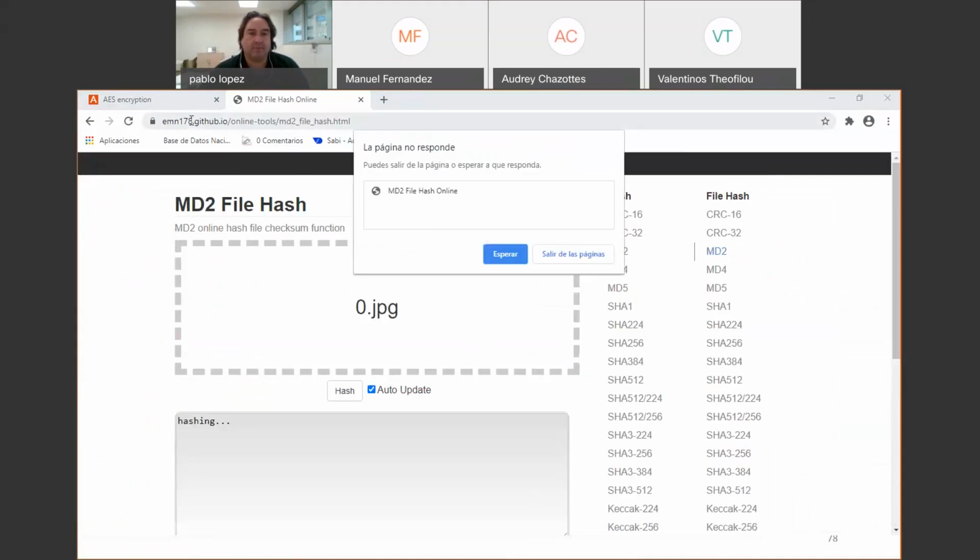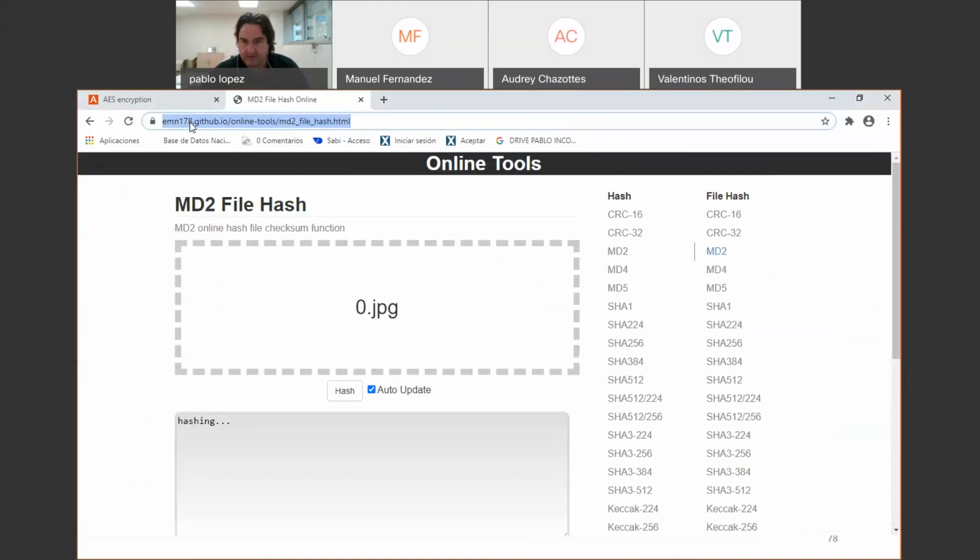So if you agree, I give you 5 minutes to play with this resource and see how different hashes can be created, and then we come back with the rest of the presentation of today.